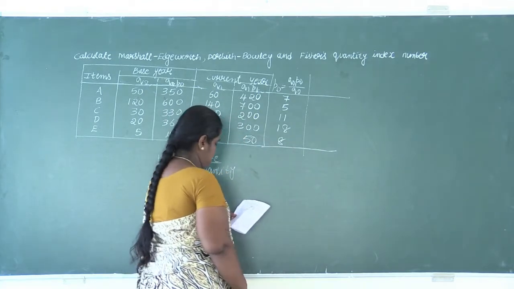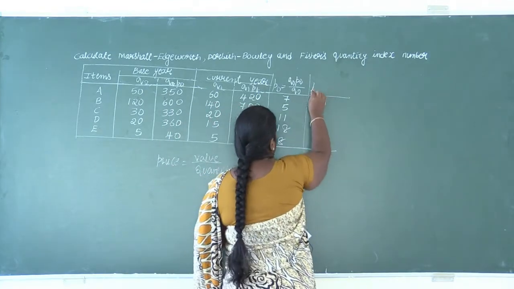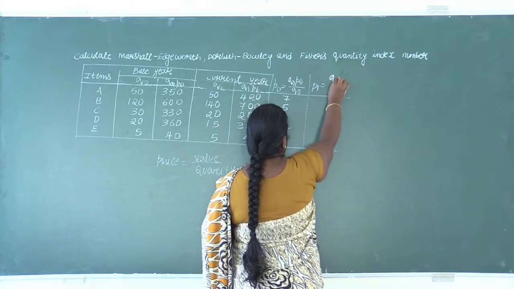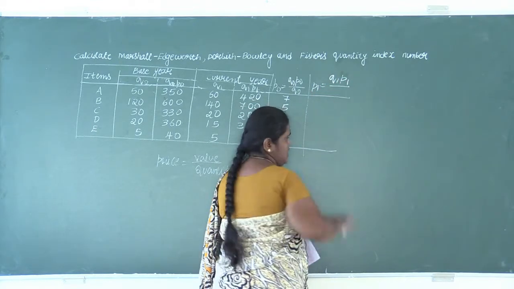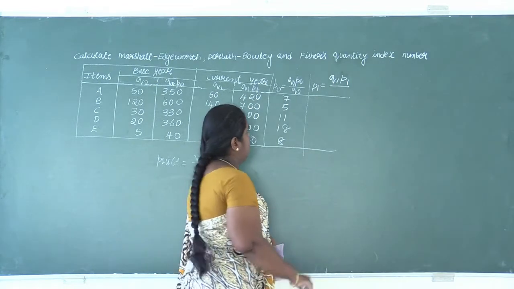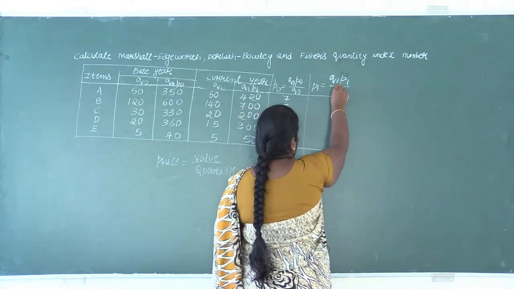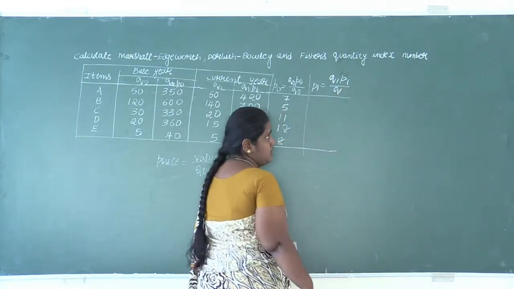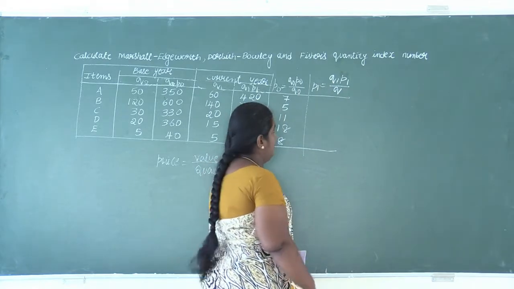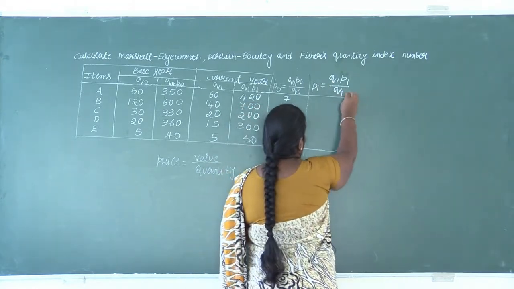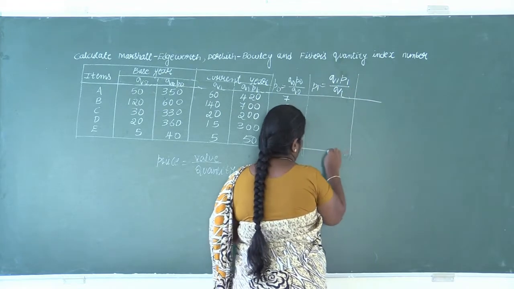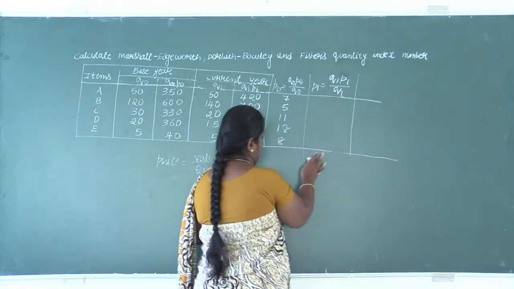Next, similarly we have to find out P1. Current year value is Q1 P1 and current year quantity is Q1. We are finding out the current year price.